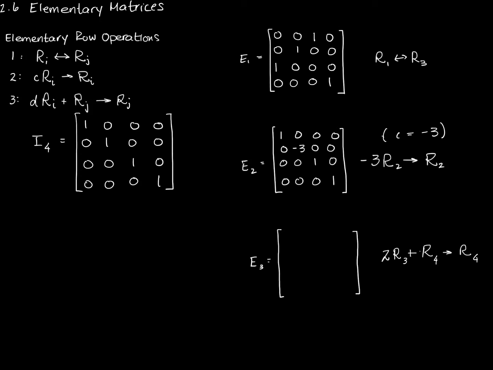So I'll replace row 4 with my result. What I need to do with each of the entries in row 3 is multiply it by 2. It's going to give me a 2 in this position. So I'll have 0, 0, 2, 0, and then I'm going to add that to row 4. So that's going to be 0, 0, 2, 1 in row 4. The other rows don't change.